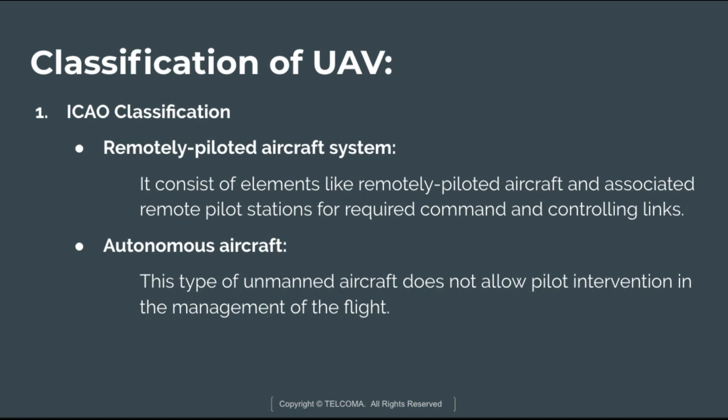It means it is controlled and commanded by a human being. Whereas in autonomous aircraft, this type of unmanned aircraft doesn't allow pilot intervention in the management of the flight. So a remotely piloted aircraft system is operated by a human being, whereas in autonomous aircraft there is no intervention of a human being.